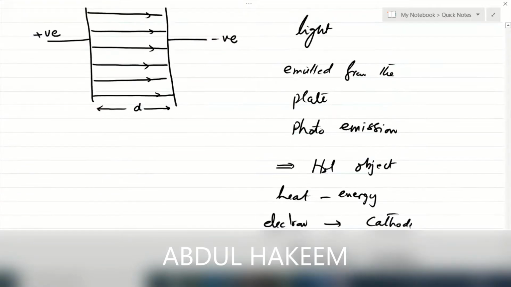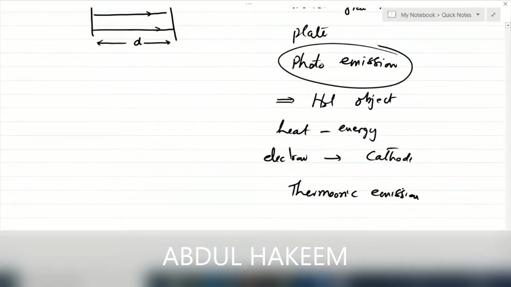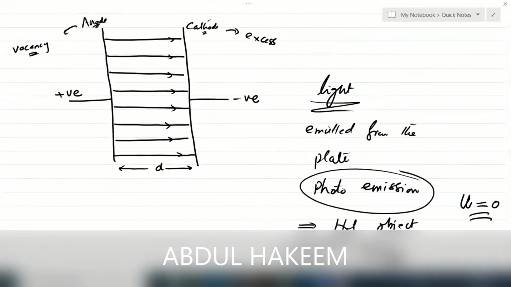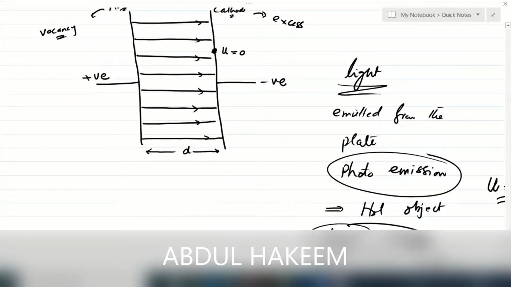So there will be two types of the emission, one due to the light, which is the photoemission, and other due to the heat energy, which is thermionic emission. So in both types of the emission, we will assume that the electron is ejected from the cathode with negligible initial speed, meaning 0. And then after emission, it is attracted by the anode.